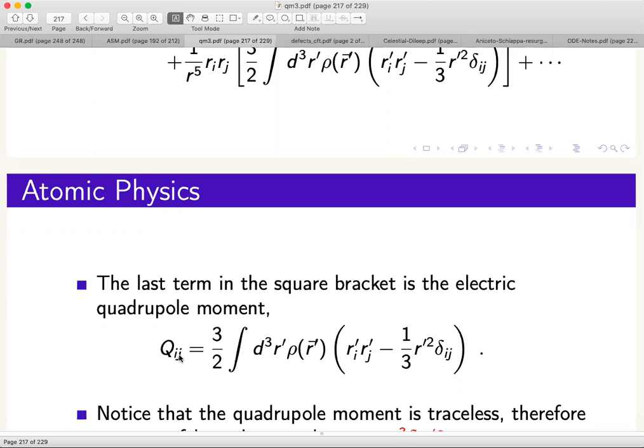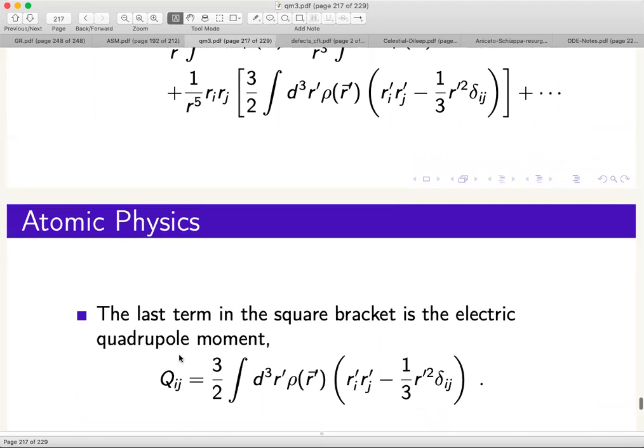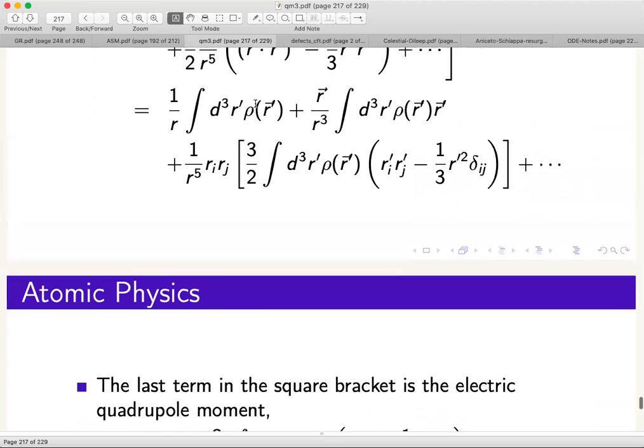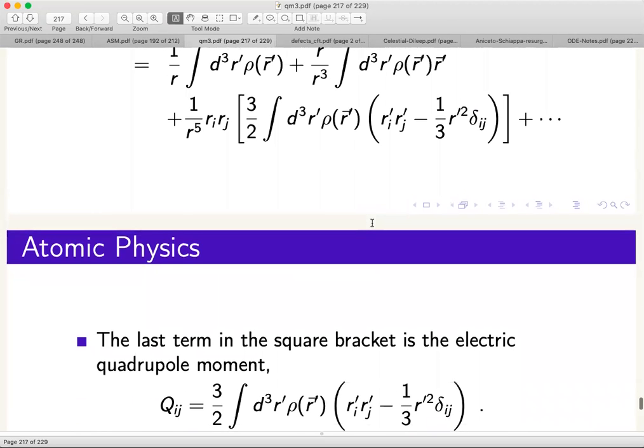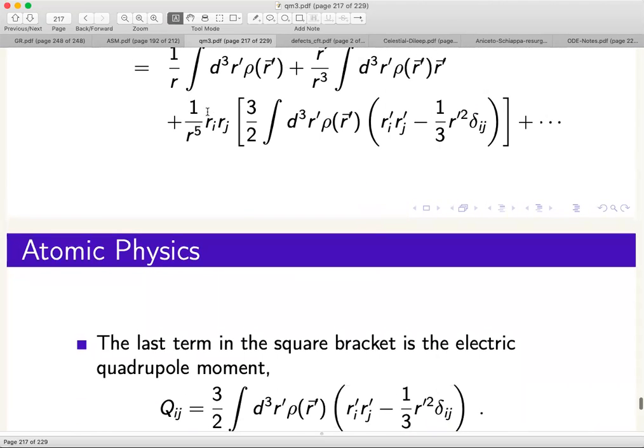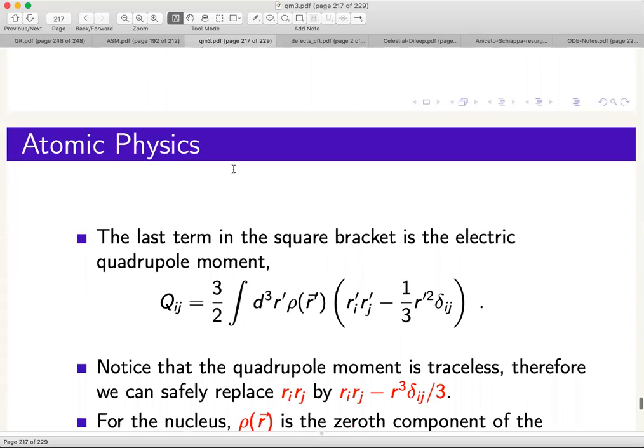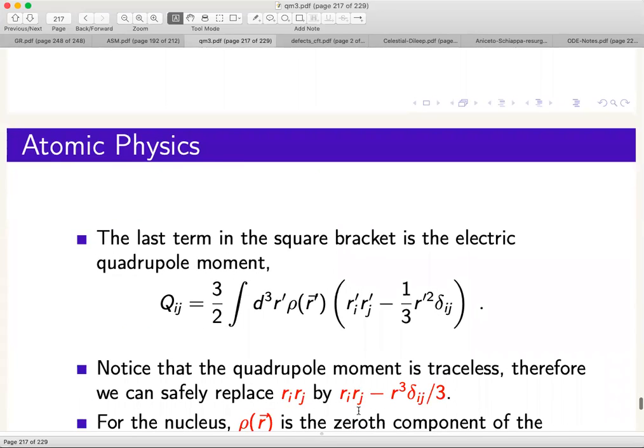Because Qij is traceless, and remember we are going to replace this entire square bracket by just Qij, this Ri times Rj piece we can also write as Ri Rj minus 1/3 R squared times delta ij. That is the replacement we will do, simply because the trace part of Ri Rj would be multiplied by the trace part of Qij, but that is 0. So you can safely make this change.